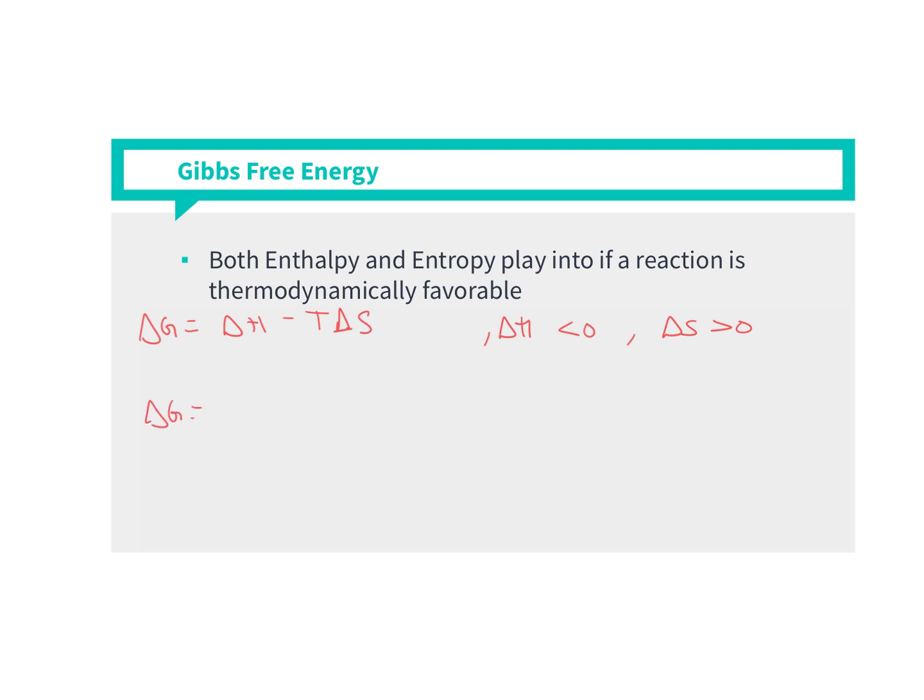In this case, delta G is going to equal a negative number minus whatever T is times a positive number, or delta G is equal to a negative minus a positive value. And so in this case, delta G is going to be negative. And so if I have a reaction that is exothermic and increases disorder, that reaction is always going to be thermodynamically favored.